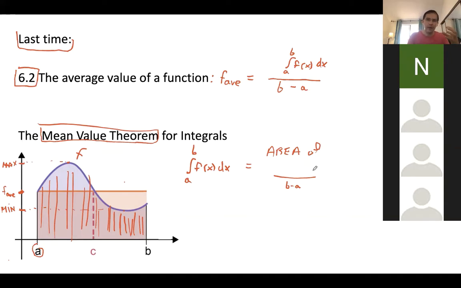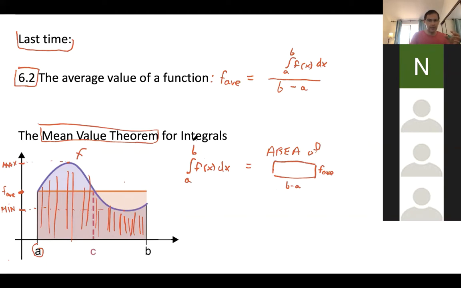The appropriate height would make its area exactly the same as the area underneath the function, in other words, the definite integral. And the height of this rectangle is exactly the average value of this function f. So this number, f ave, the average value, is the height of this rectangle.